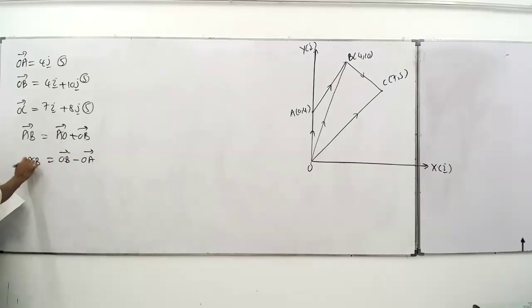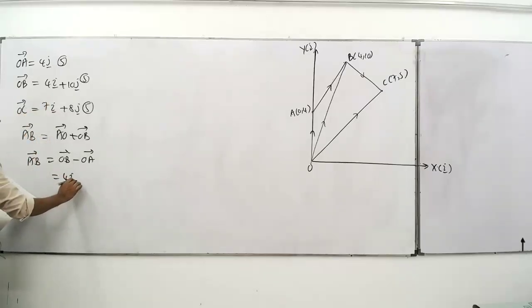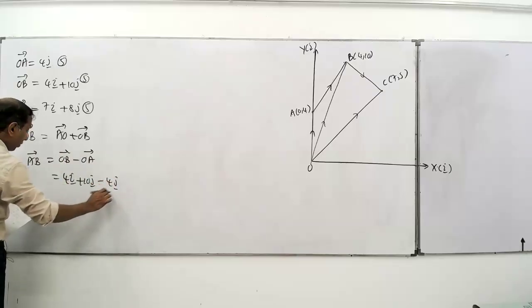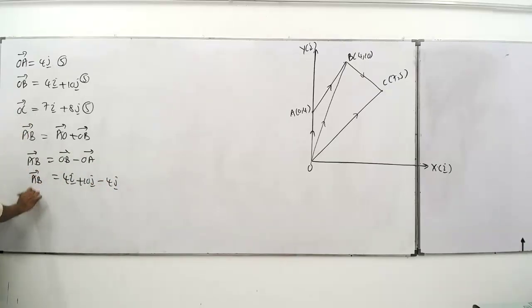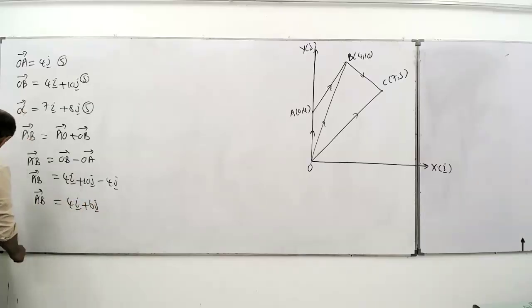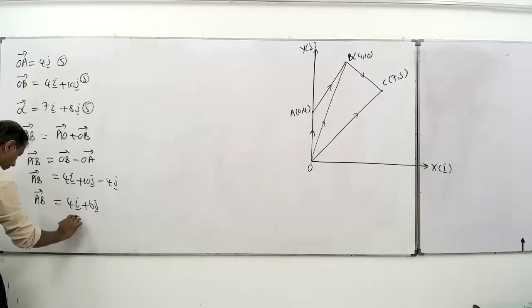This is therefore the AB vector. Now put the OB vector here, 4i plus 10j, minus the OA vector, 4j. Simplify this and we get the AB vector: 4i plus 6j. For this we get 5 marks.